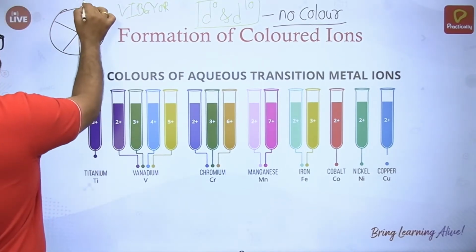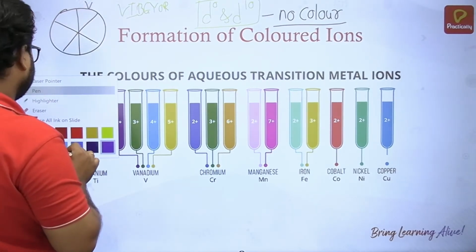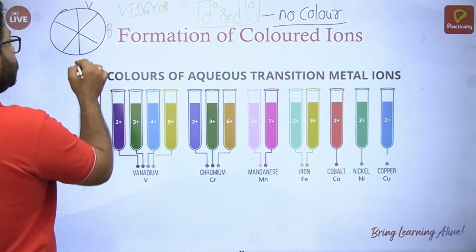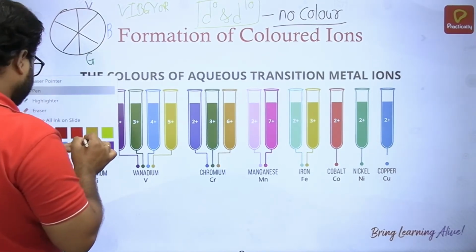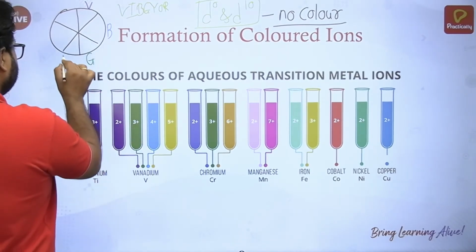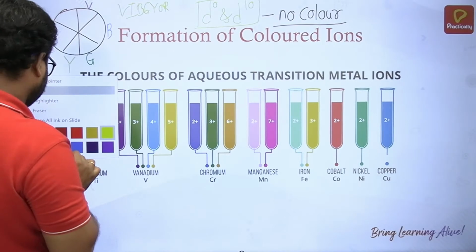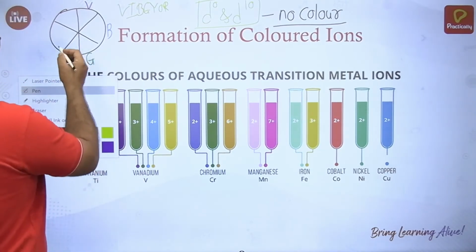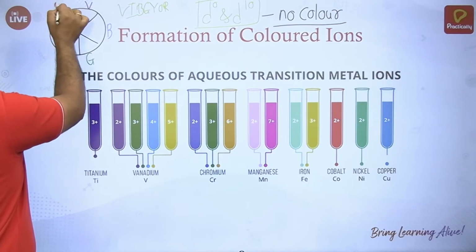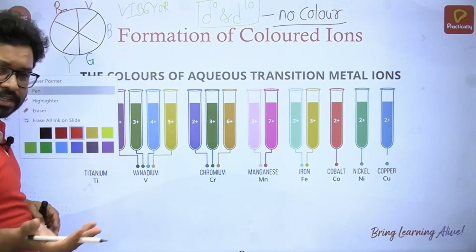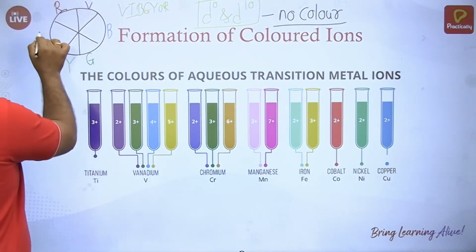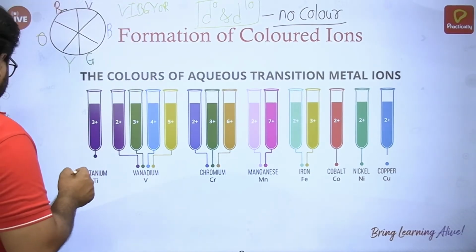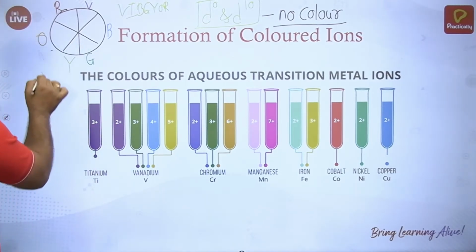Violet, then blue, then green, yellow. Orange color as such is not there, but I will take this as kind of orange, and I'll write red here. So VIBGYOR. This is your color wheel.